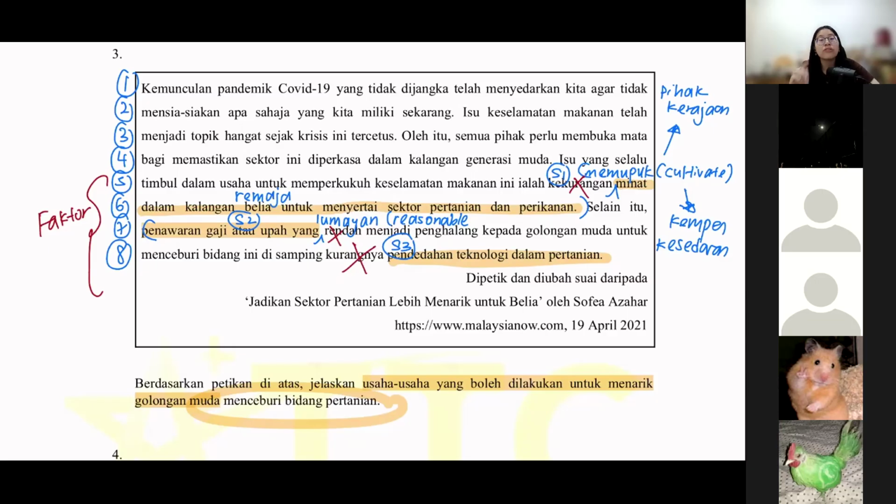Okay, now they only give you 3 points here. So what else can you do to attract teenagers to get involved in agriculture? Apakah usaha yang lain untuk menarik minat golongan muda untuk menceburi bidang pertanian? What else? Who can do something?